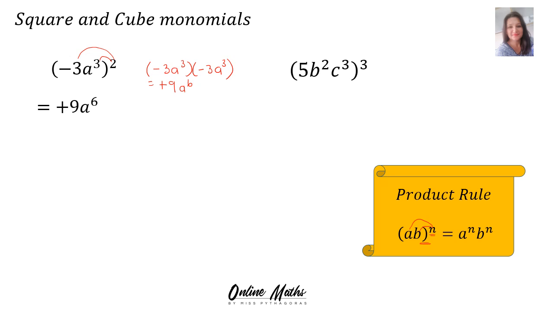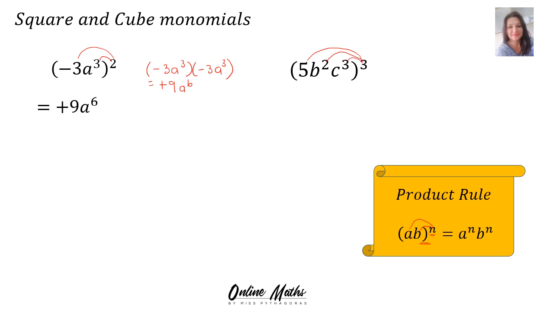Now, if you go to the next sum, (5b^2c^3)^3, or cubed rather, let's do it this way: you will raise the 5 to the power of 3, you will raise the b^2 to the power of 3, and you will raise the c^3 to the power of 3.